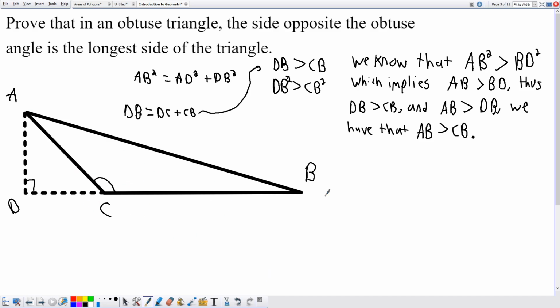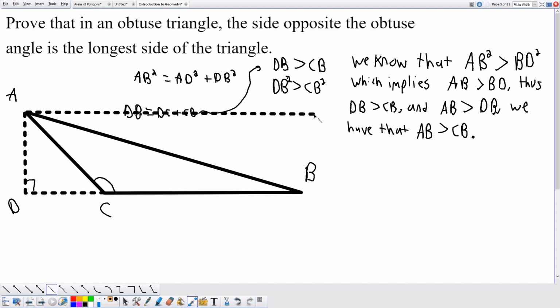Looking again at our diagram, what can we use to show that AC must be smaller than AB as well? Well, we can just use this same logic, except now I would draw my height like this.